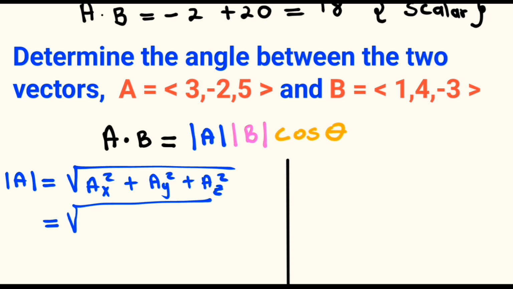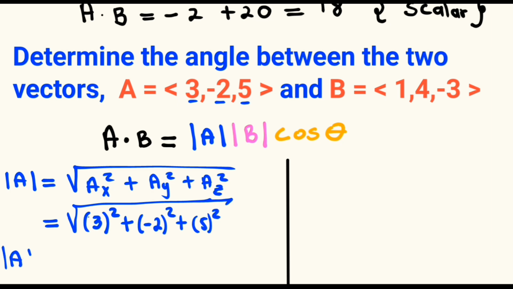This will be the coordinates of A, each squared. So 3 squared plus negative 2 squared plus 5 squared.